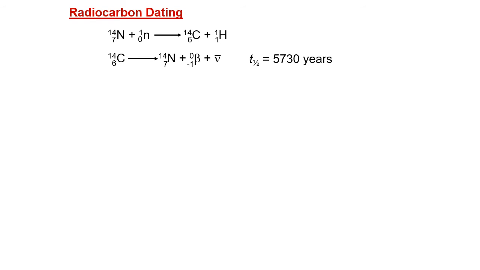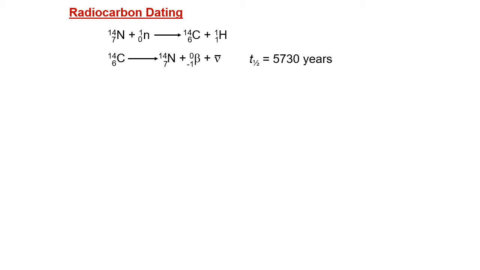Now, the half-life of carbon-14 is 5,700 years. So looking at the concentration of carbon-14 in any object that is solid and cannot exchange carbon with the environment, we can say how much time it has been dead.